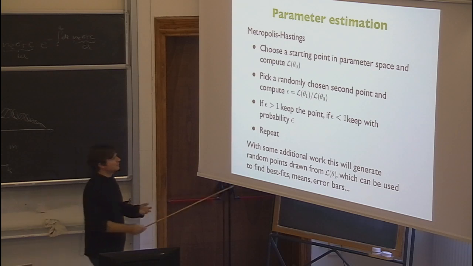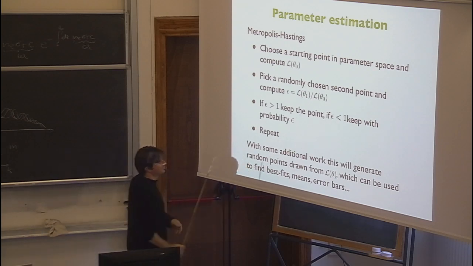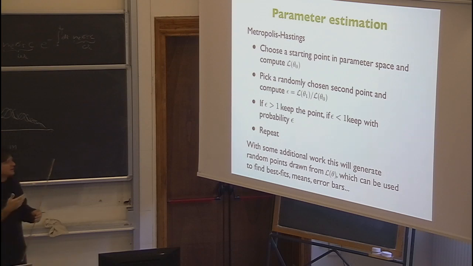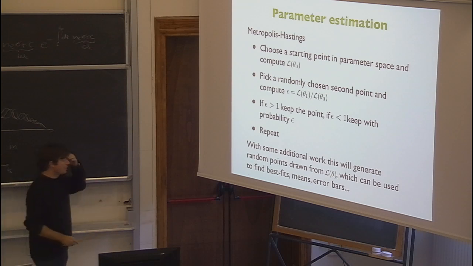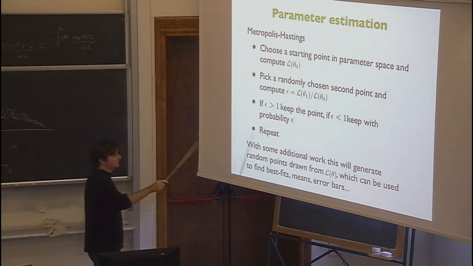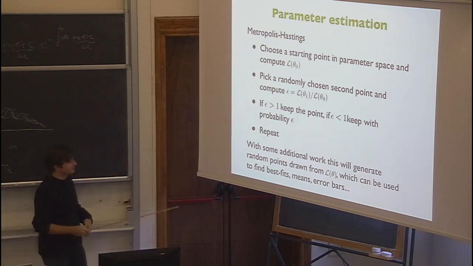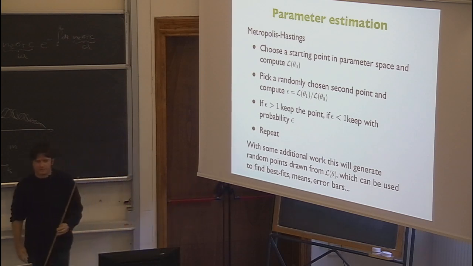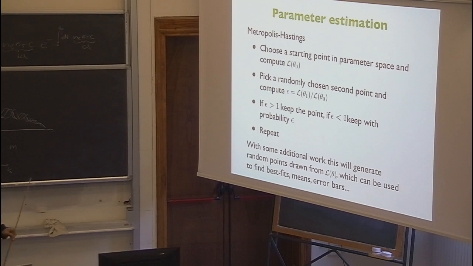If you have a worse likelihood, so if the ratio is less than 1, then you don't completely throw out the point, you keep it with a probability epsilon. So this is basically like a thermal random walk, and then you just repeat and you sample that likelihood, and you can show that that eventually reproduces random points that are drawn from that likelihood. So that's the most common way to sample it. And from that, you then find the best fits, your means, your error bars, whatever you want, covariance matrices, anything you want to compute from this.